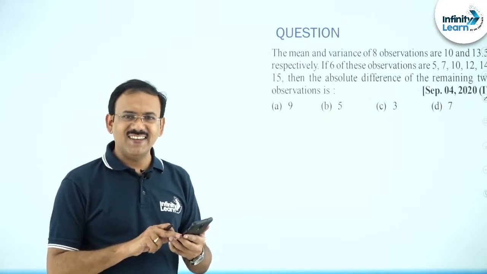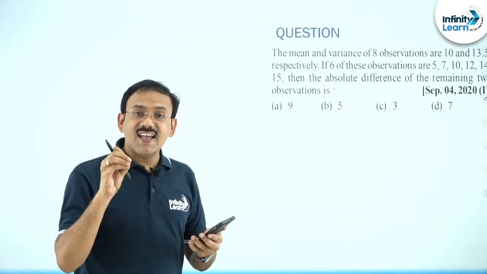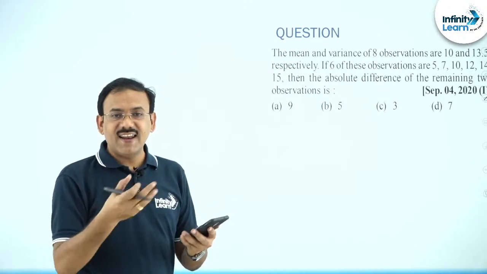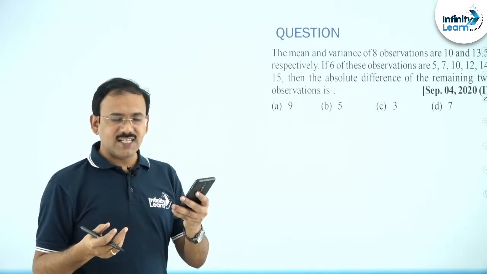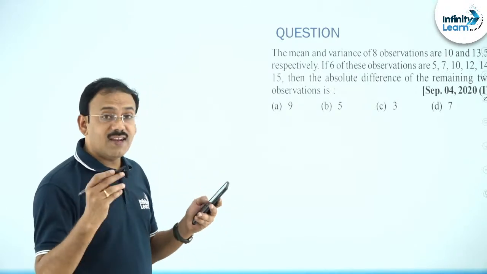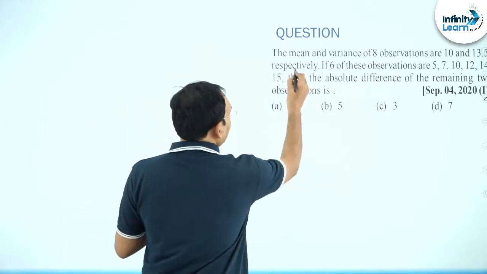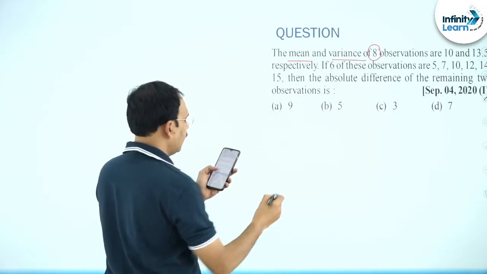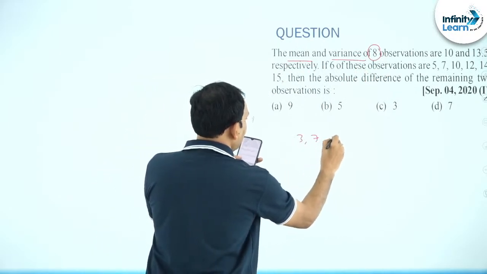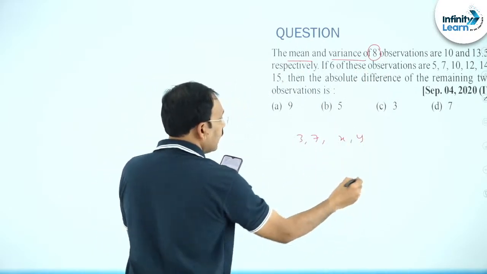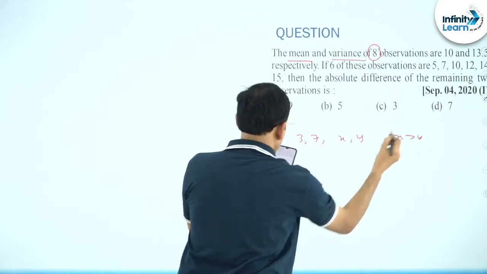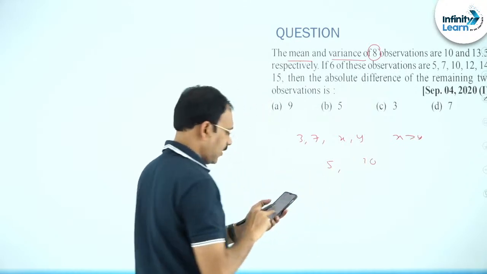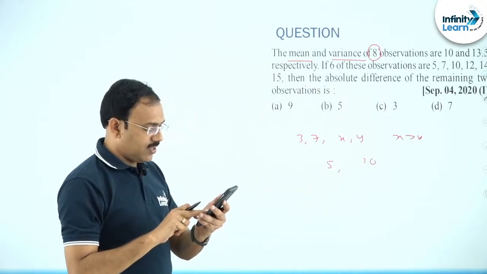Just now I was saying, in yesterday's second shift paper, the question given is, I didn't see it, I got it just now: the mean and variance of 4 observations 3, 7, x, y, where x is greater than y, are 5 and 10 respectively.